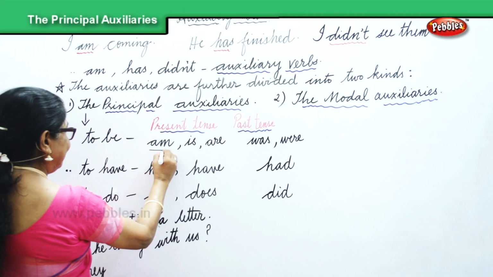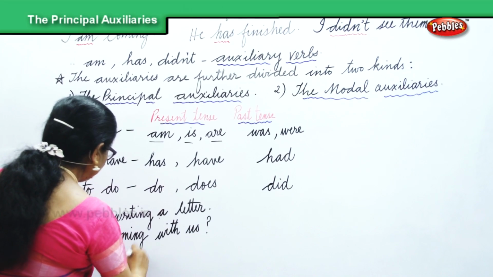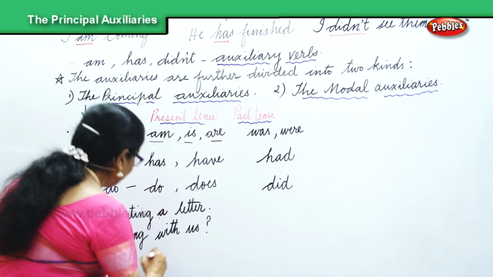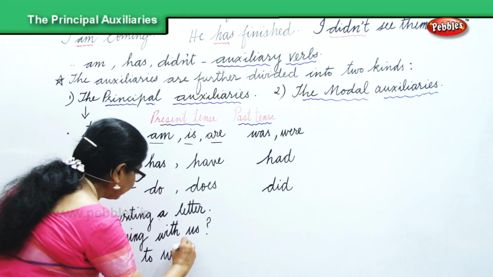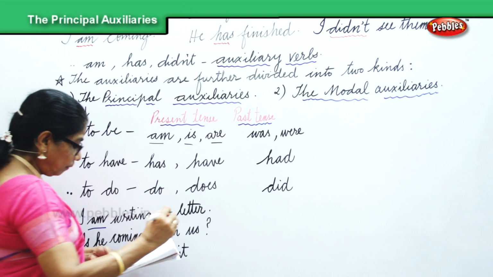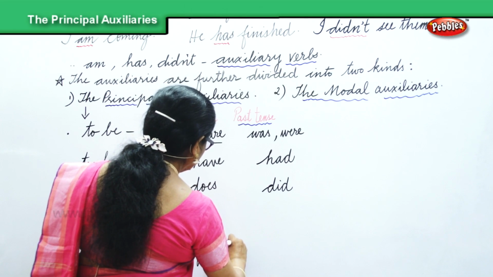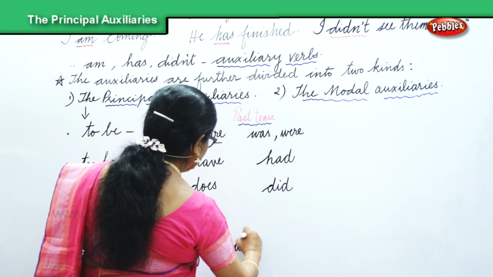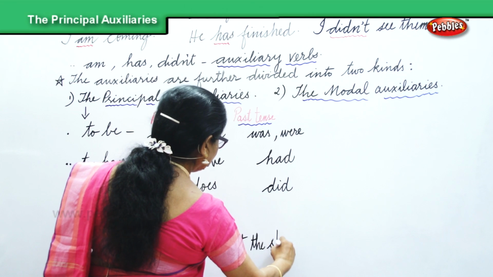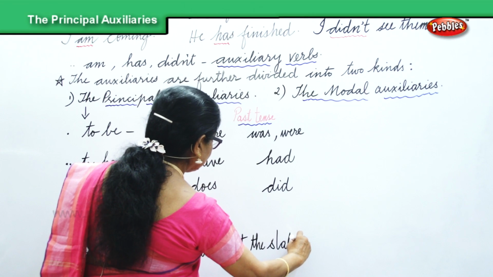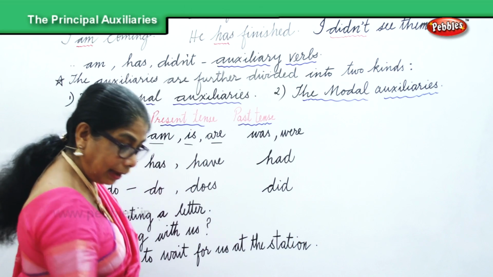So we have done am, is, are. They are to wait for us at the station.